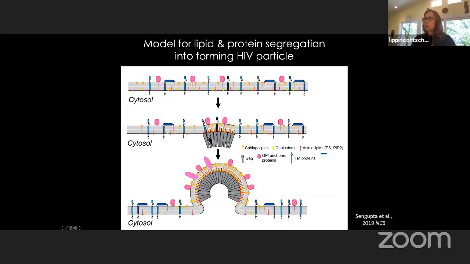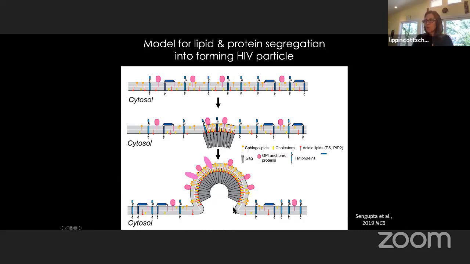GAG's ability to interact with PIP2 as well as phosphatidylserine enables it to create a transbilayer couple, if you will, that in principle will allow proteins on the outer surface, like GPI anchored proteins, to partition into this liquid ordered environment that it's creating. But curvature offers an additional attribute to this system.